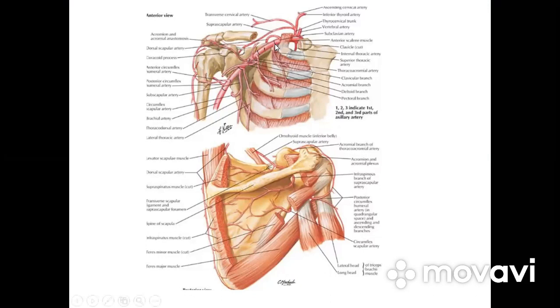From the first part of the axillary artery begins the superior thoracic artery, arteria thoracica superior, which continues in the first and second intercostal space.